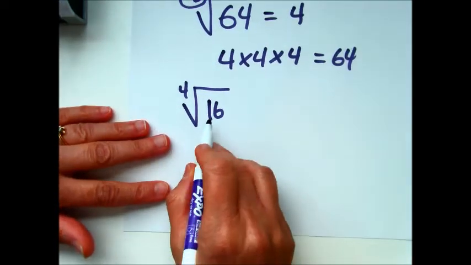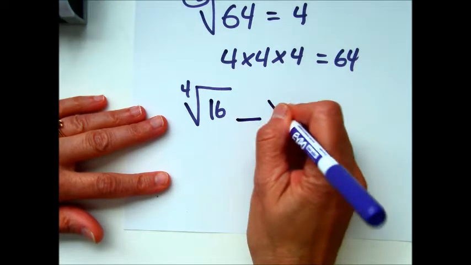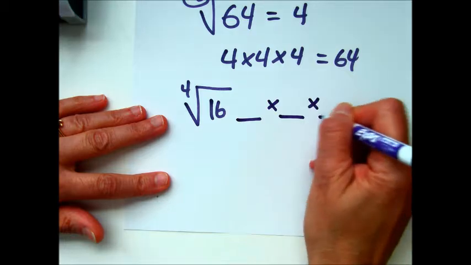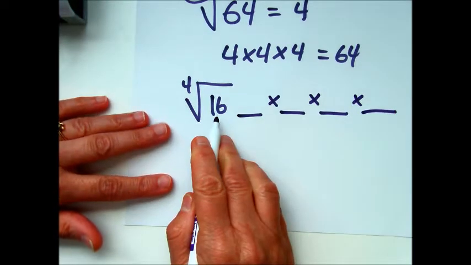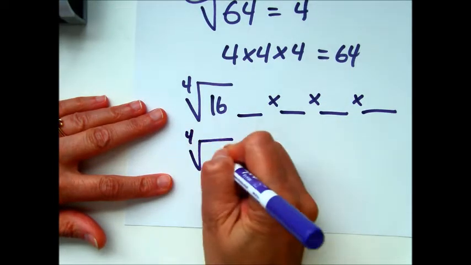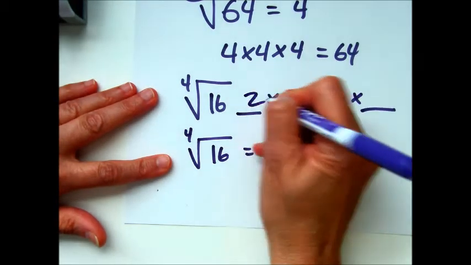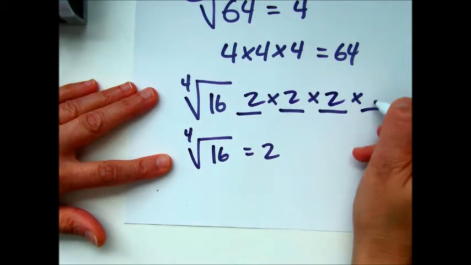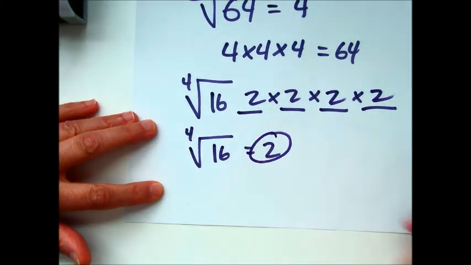So again, this is going to be a small number. So we're thinking of a number that when we multiply it 4 times, we're going to get 16. The answer is going to be 2, because 2 times 2 is 4, times 2 is 8, times 2 is 16. So that would be the answer.